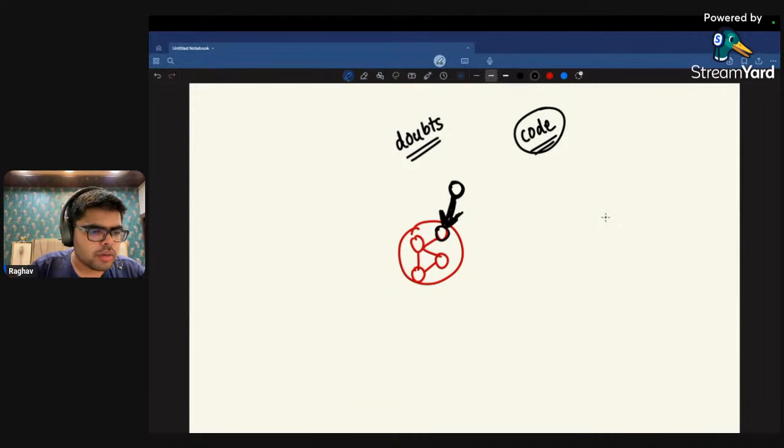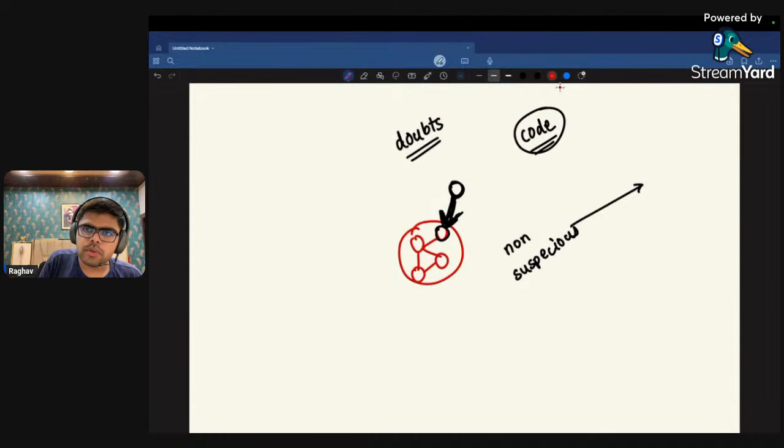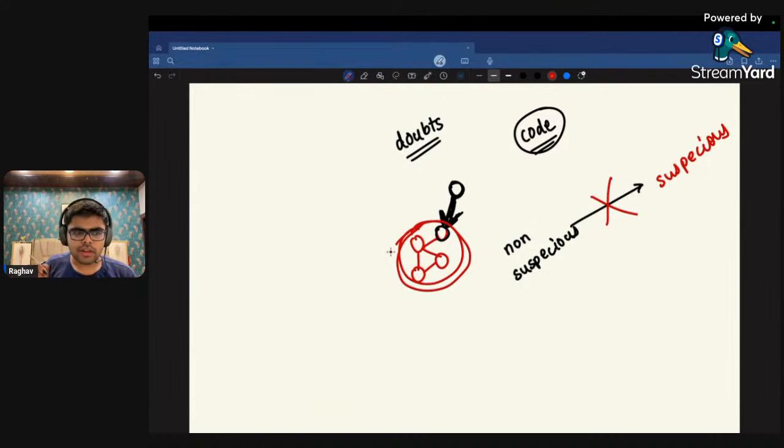If there is an edge from a non-suspicious method, then we don't remove. So if you don't have any edge from non-suspicious to suspicious, in that case you can safely remove all of the suspicious nodes.